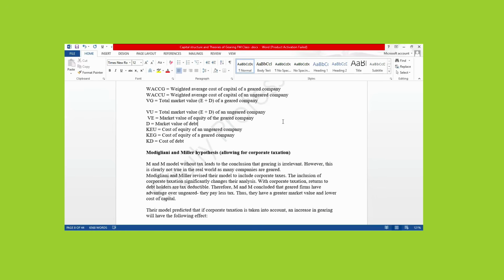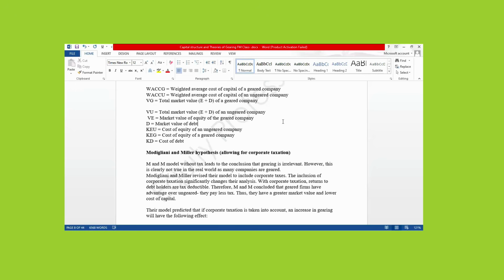Look at the logic. If you borrow to finance your business, you are going to enjoy tax relief. That means your business is geared. You are going to enjoy tax relief, tax benefits, tax shield on debt capital. This tax relief will be used to reduce your cost of capital.